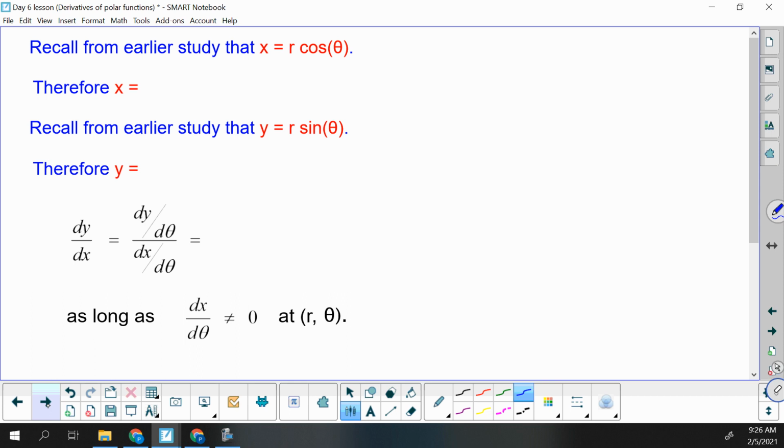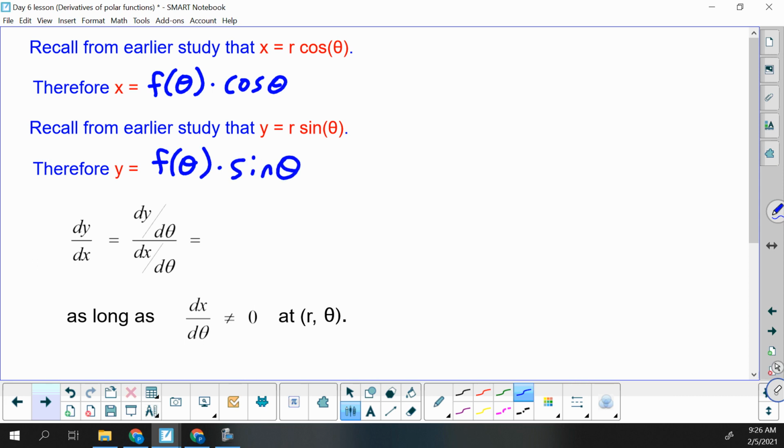Therefore, x can be thought of as a function of theta times cos theta, because r can be represented in terms of theta. And we had y equals r sine theta. So again, whatever r is represented as, times sine theta.